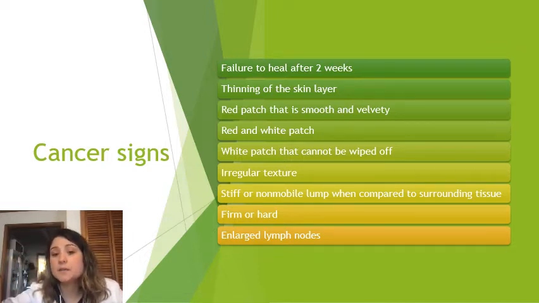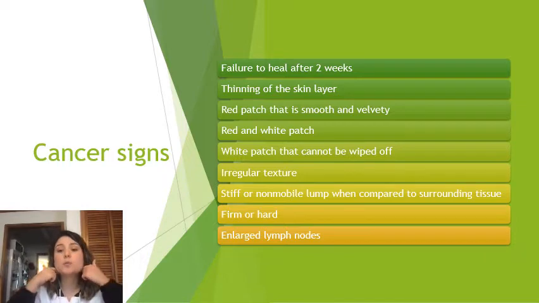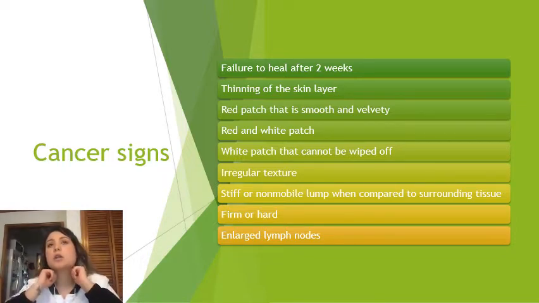If it's stiff or non-mobile when compared to the rest of the surrounding skin. So if you have a little lump that's very stiff, it won't really move, it's very hard, that's something that should be looked at. If it's firm or hard, once again, or enlarged lymph nodes. So when we get sick, we all have these lymph nodes.